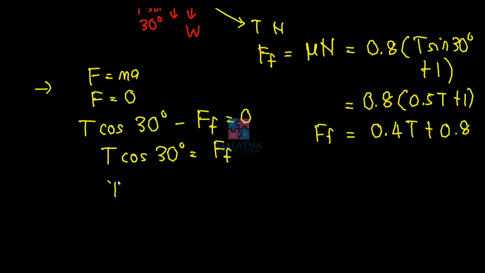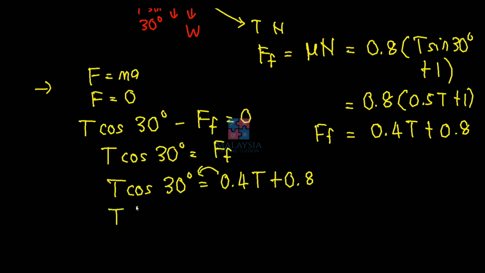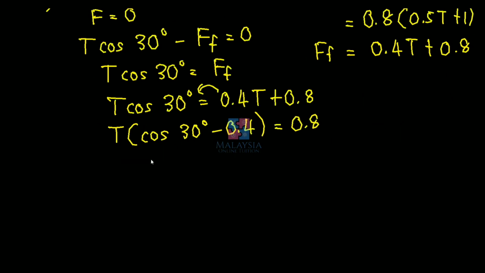So now, T cos 30 degrees equals 0.4T plus 0.8. Since we have T on the right hand side, we shift this to the left hand side. So T in bracket cos 30 degrees minus 0.4 equals 0.8. And finally, your T will be equal to 0.8 divided by cos 30 degrees minus 0.4.